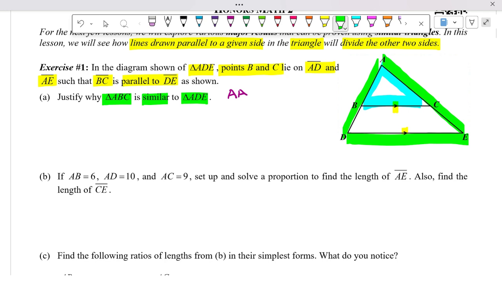So angle BCA, this angle right here, what's it congruent to? Angle DEA. Why? What's their relationship? They are congruent. BCA is congruent to angle DEA. Can anyone tell me why? I'll give you a hint.